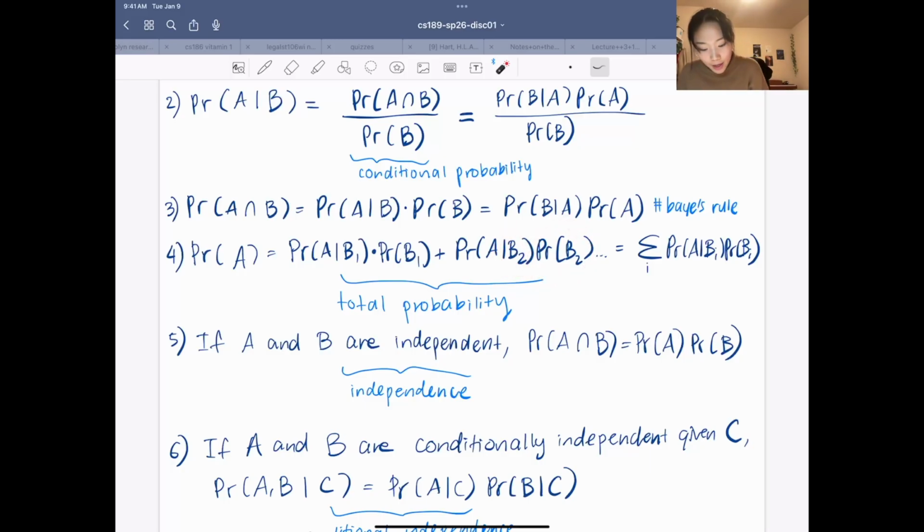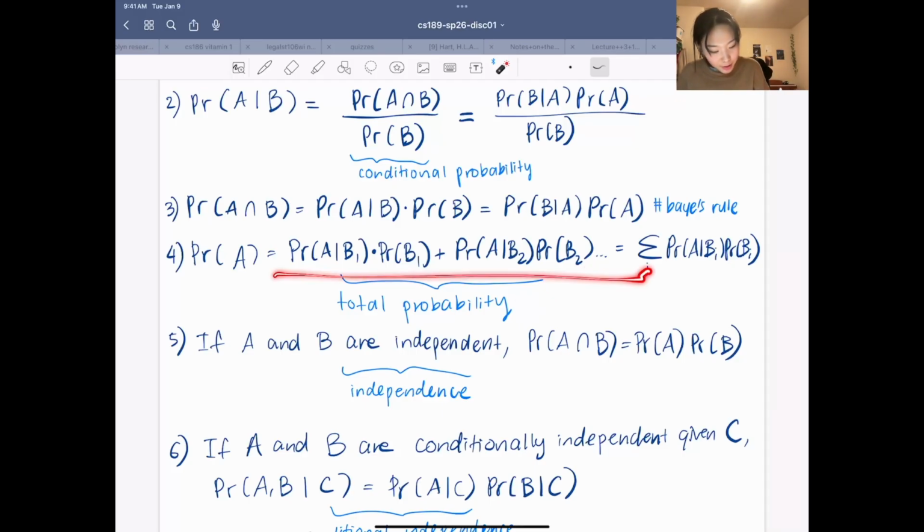Let's say I pair my sweater with every possible pair of shoes. If you sum up all of those probabilities, you get the overall probability of me walking out with a brown sweater, because it doesn't matter which shoes I wear. That's the total probability.